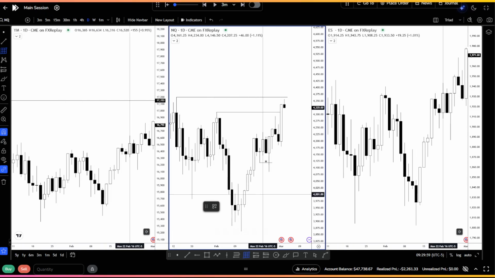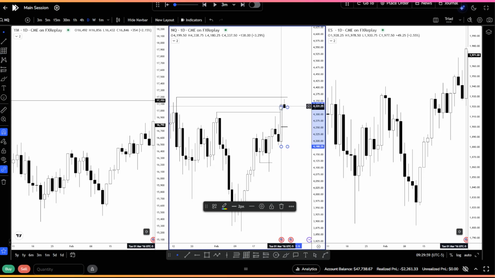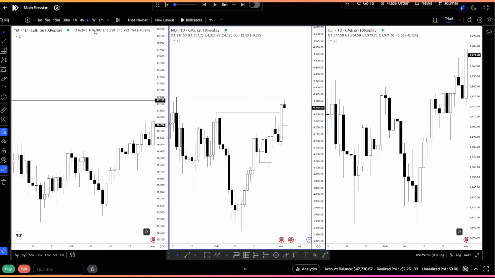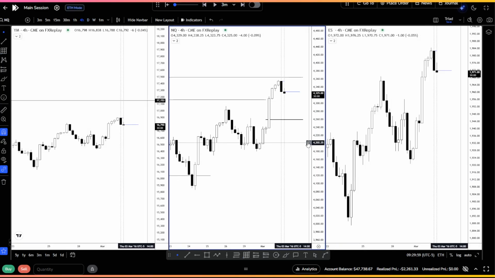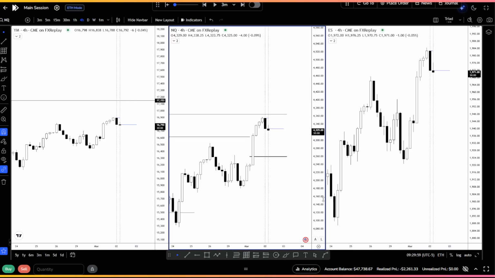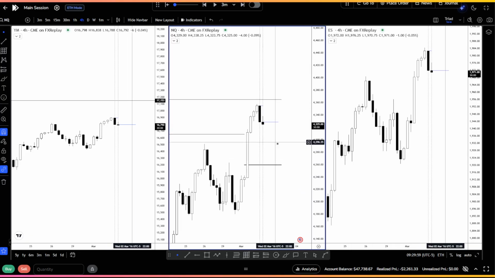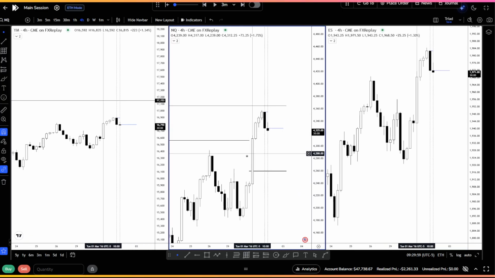Dropping to the 4 hour. Where is this open? We open, trades higher and then goes lower.